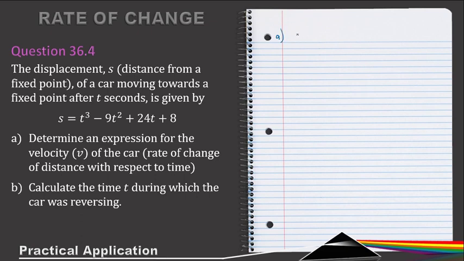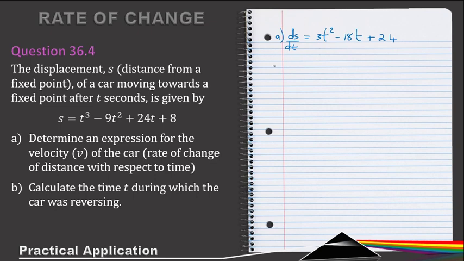Okay, so velocity is just the first derivative, so in this case ds/dt equals 3t squared minus 18t plus 24. Alright, then that is the rate of change.